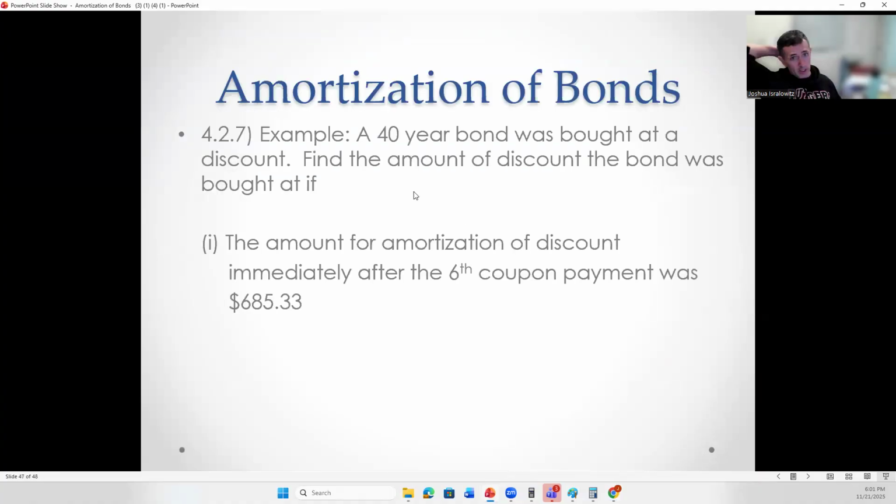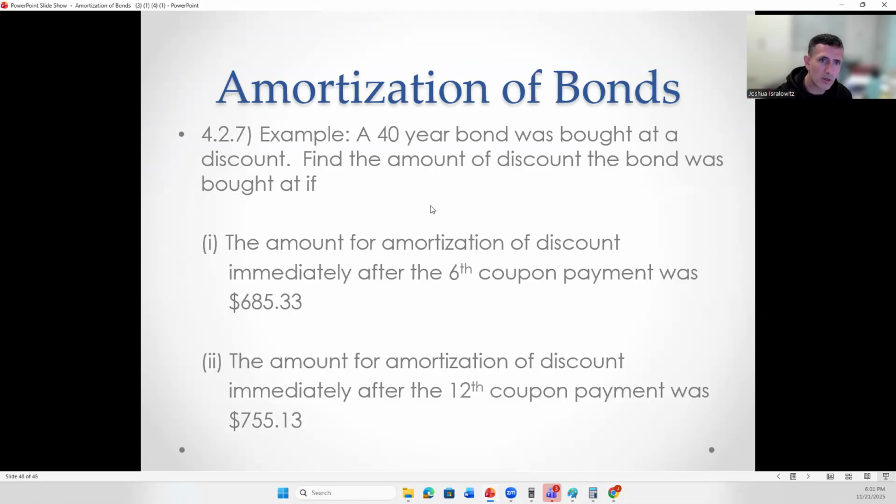The amount of amortization of discount immediately after the sixth coupon is 685.33. Immediately after the 12th coupon is 755.32. So this is a weird question because you are given hardly any information and you just have to use what you're given. No other tools.